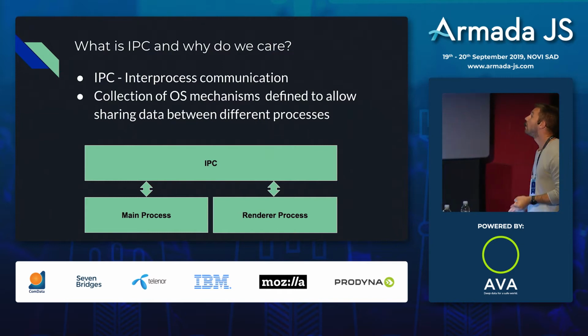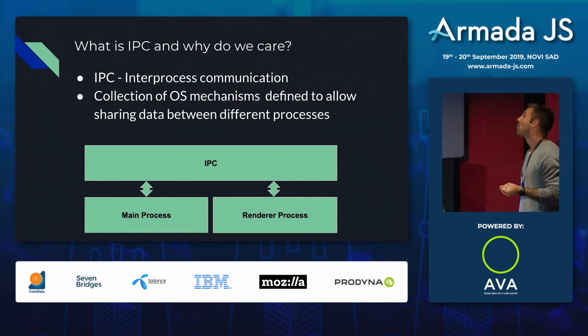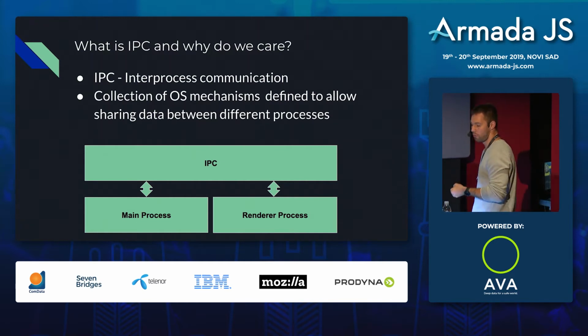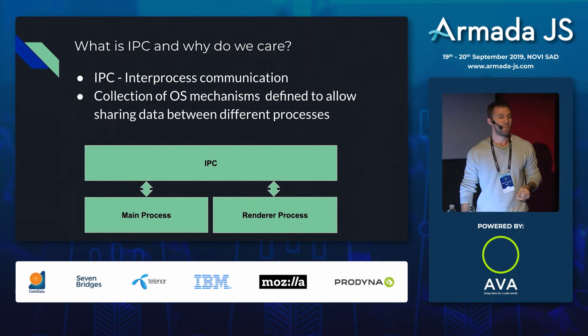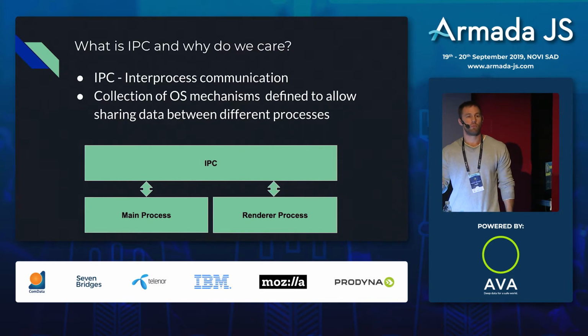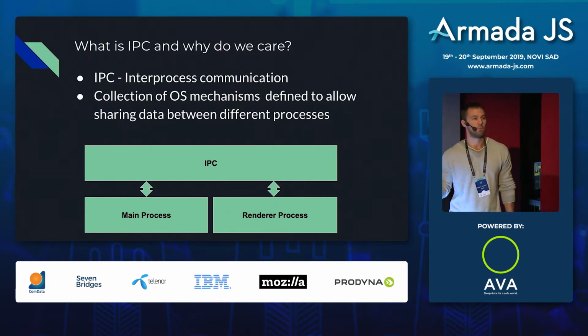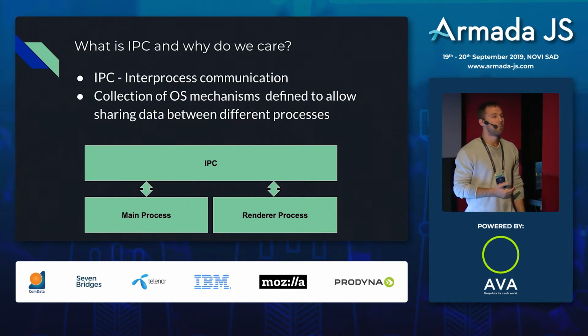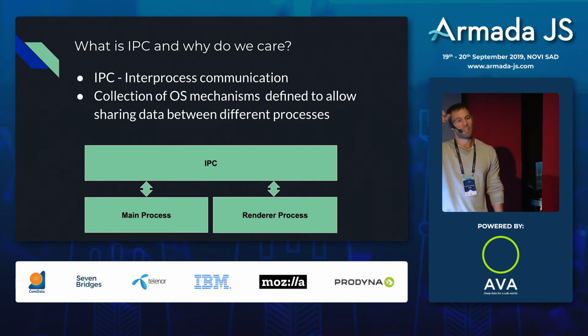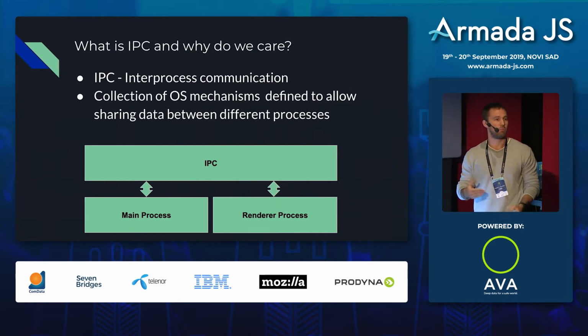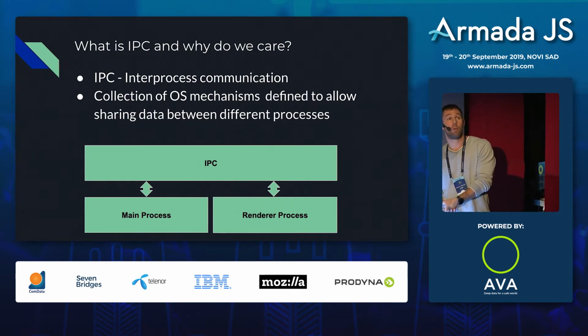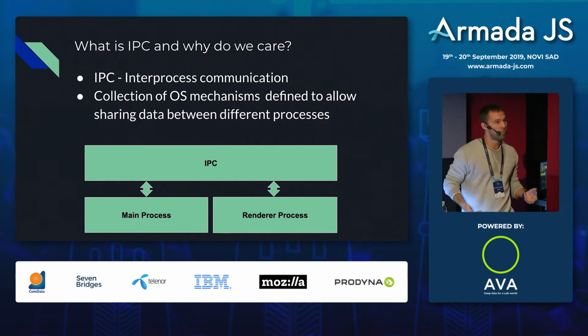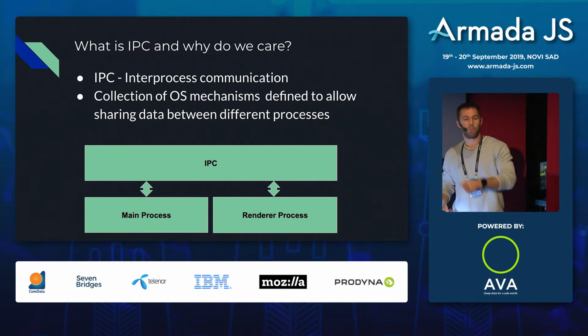IPC is a collection of mechanisms that allows you to share data. For example, who here uses Google Chrome on a daily basis? You have a couple of tabs, like 5, 10. If you want to access a new web page, you're not going to open a new window, you're going to spawn a new tab.